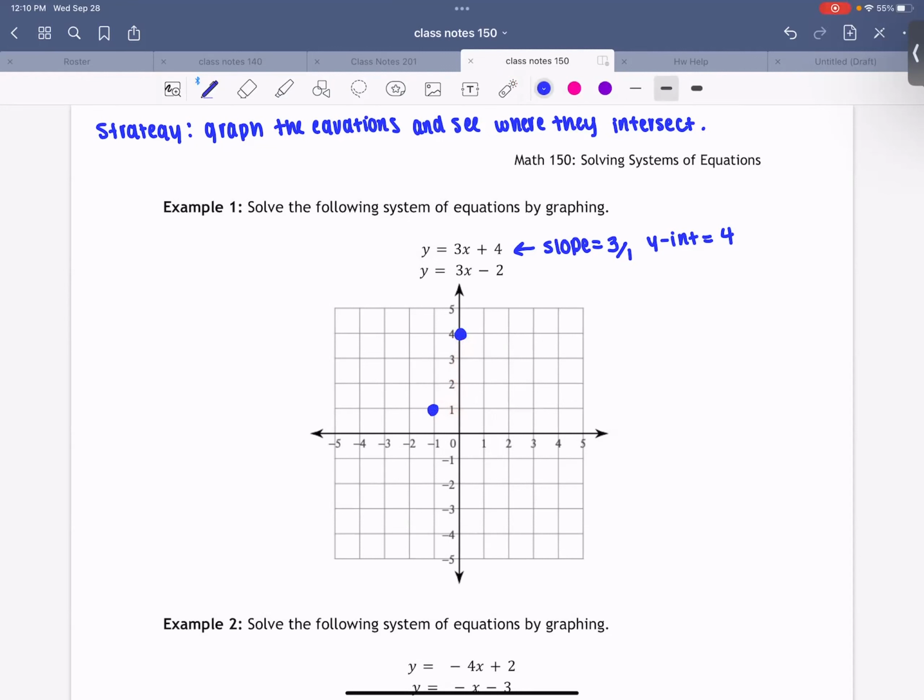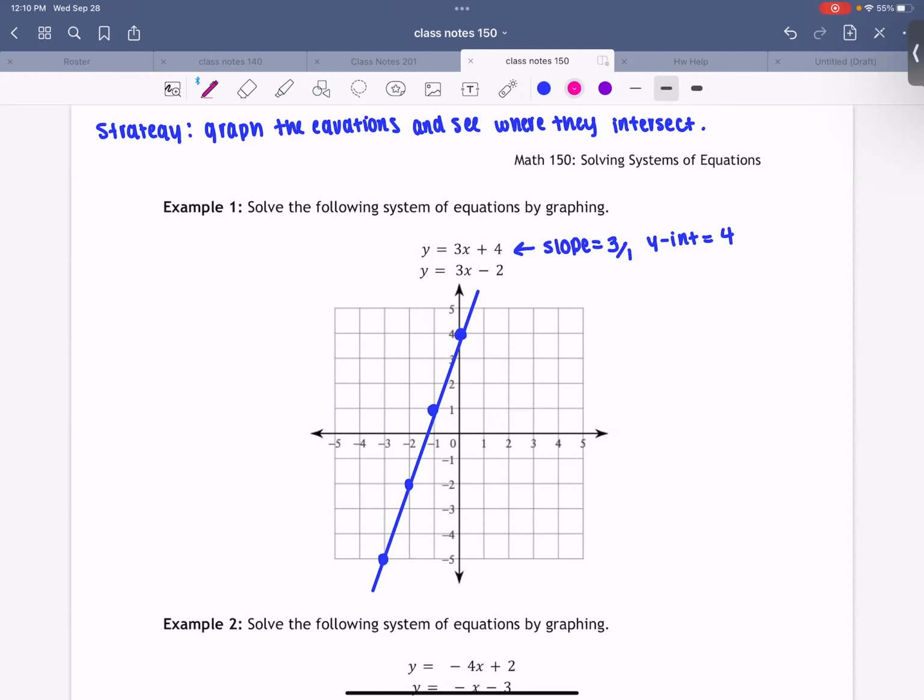And that's the same as rising up and going over 1. Okay. Now I can do that a couple of times just to make my graph look a little bit nicer. Okay. And once I have my points on my graph, I can connect them with a line. All right, so I graphed the first equation.